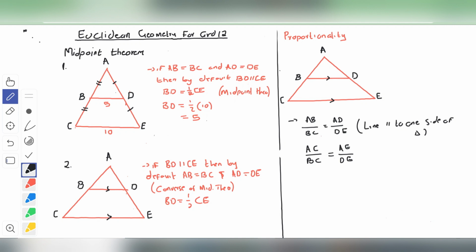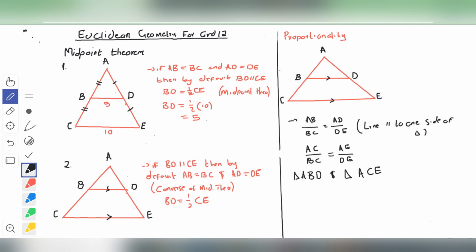So from this, we can see now we have two triangles, which is triangle ABD and triangle ACE, right? So if we're instructed to... Okay, sorry for that.